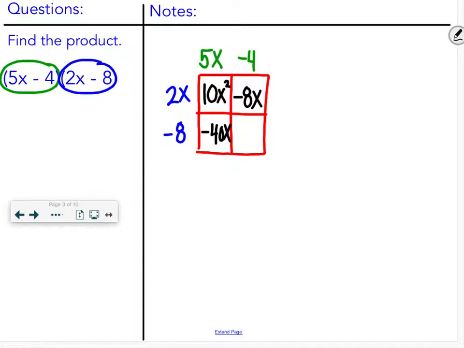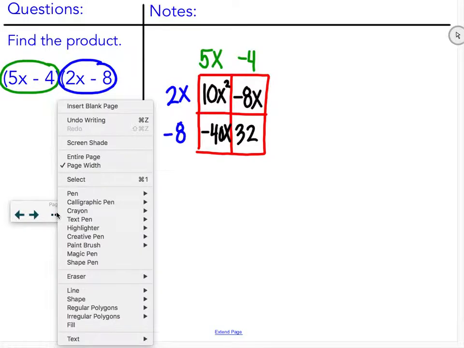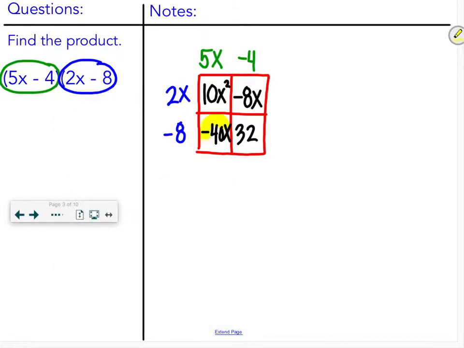And negative 8 times negative 4 is positive 32. Again, I can add together my like terms in these two boxes, and I'll have 10x squared minus 48x plus 32.